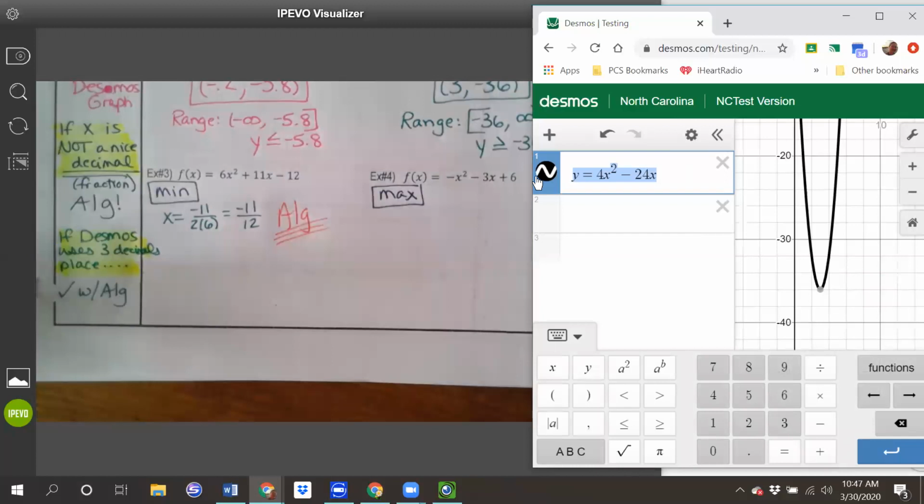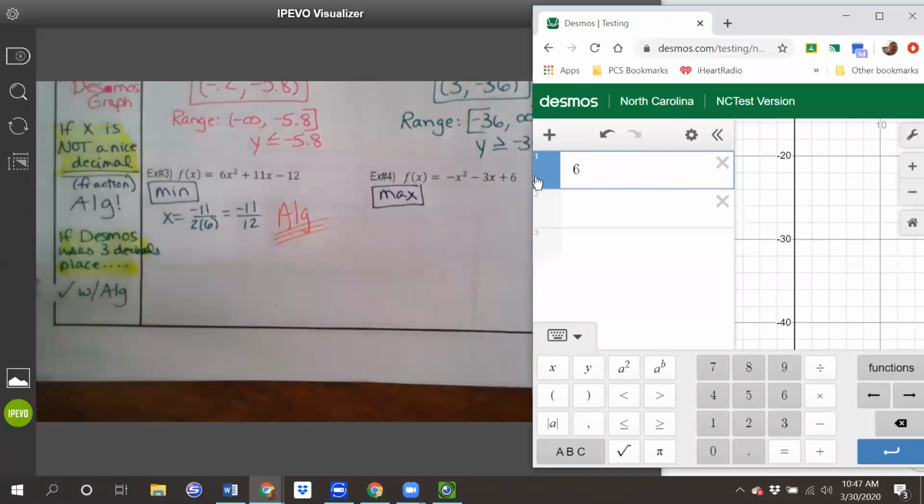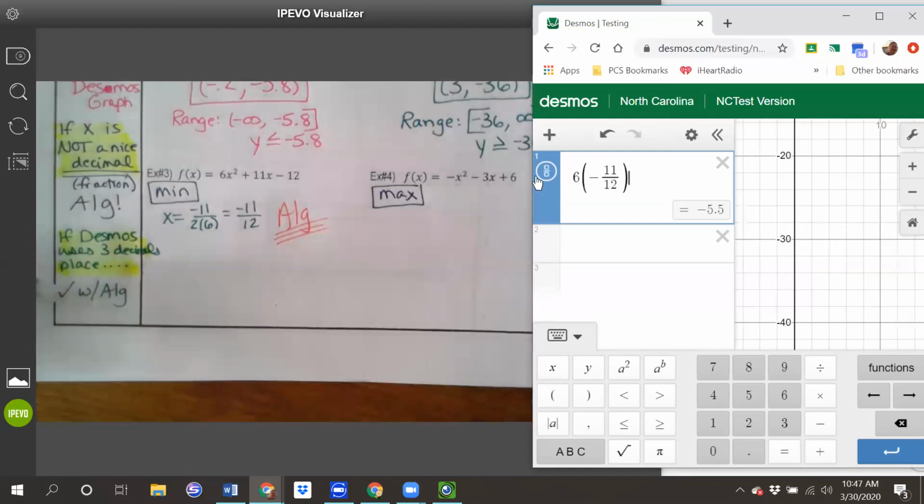All right, so I am using algebra. So I'm going to go 6 parentheses, that's shift 9 to set up parentheses, negative 11/12, arrow over to close your parentheses, and then shift 6 to square it, and then arrow out of the exponent, plus 11, shift 9 to set up parentheses, negative 11/12, arrow out to close your parentheses, minus 12.